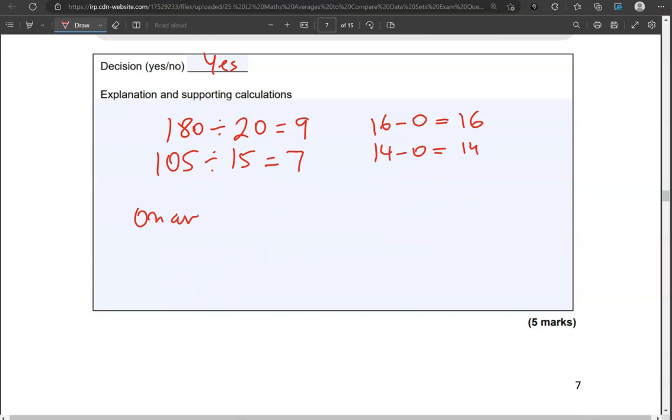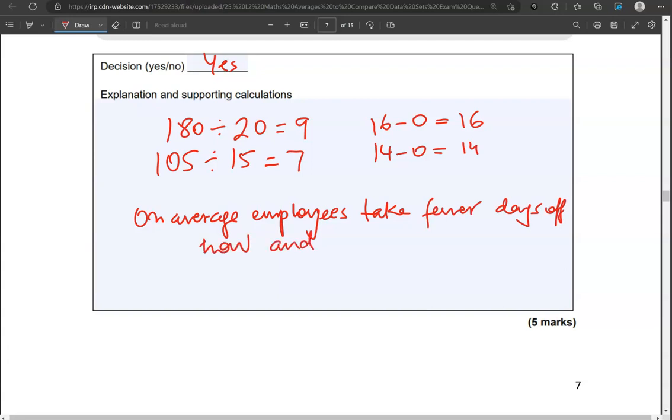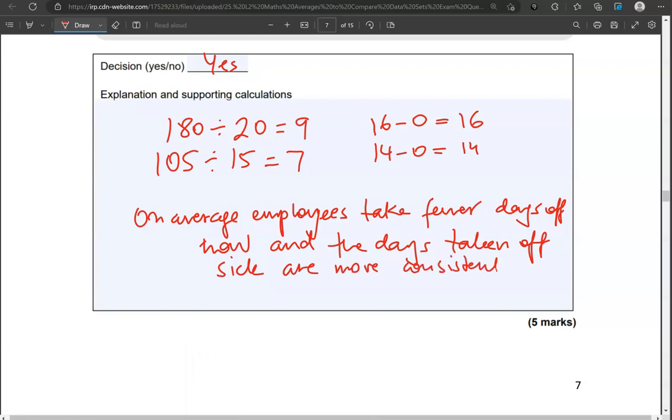On average, employees take fewer days off now, and the days taken off sick are more consistent. Should say days off sick here as well.